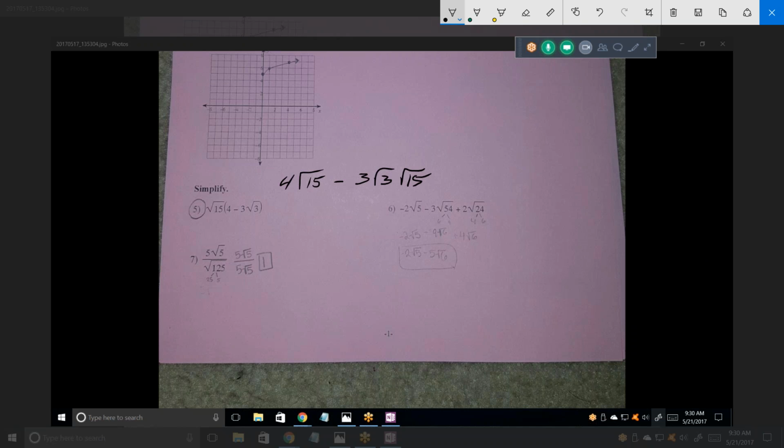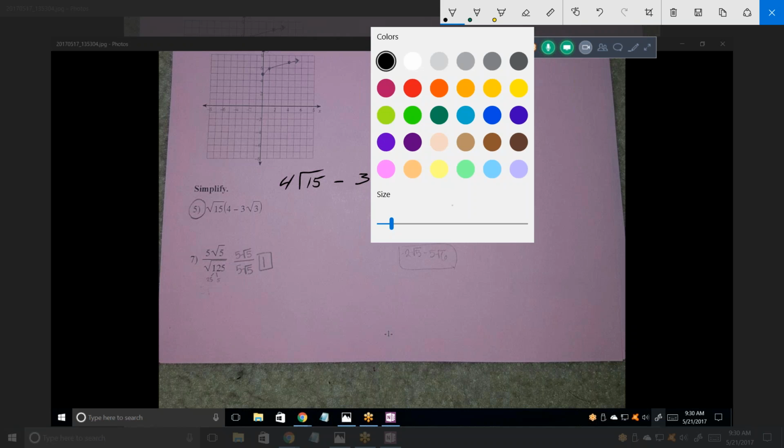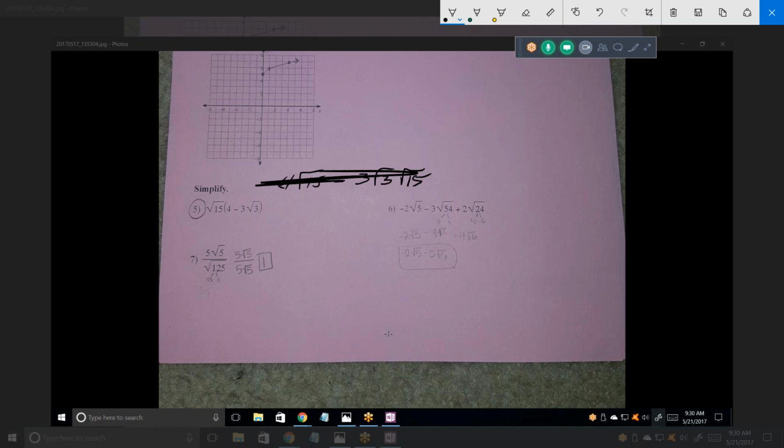But notice what happens if I break this up into root 5 times root 3.